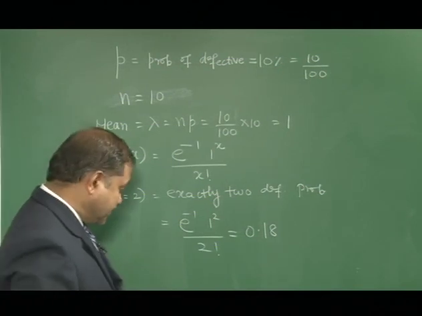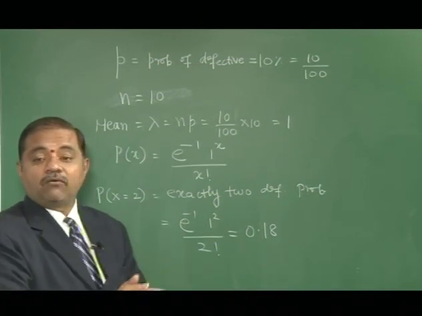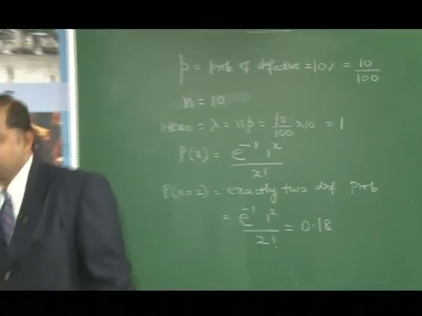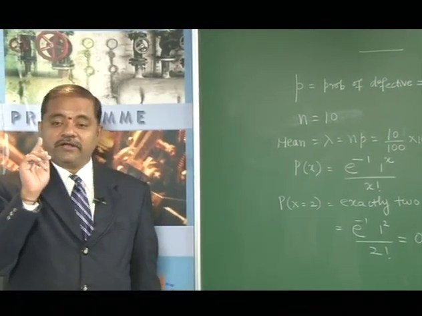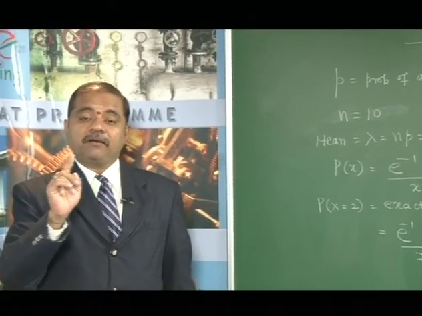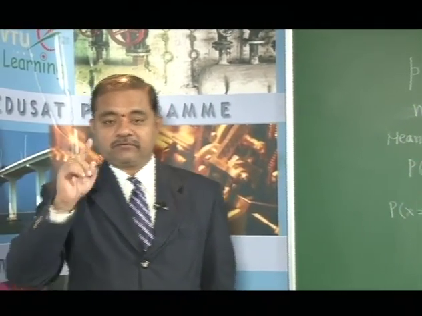Okay, 0.18. This is how we should work in the Poisson distribution. Very important one, they don't give the mean, they give the probability and n, the number of iterations or tools, whatever it may be. Multiply NP, that is going to be your lambda.